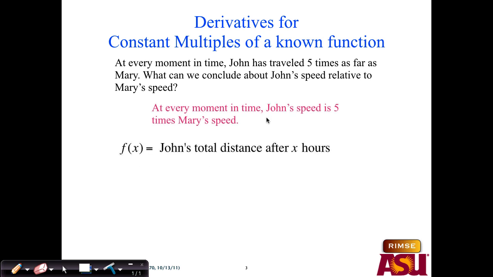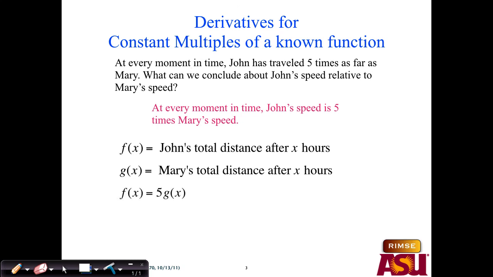So what that means is if I have these two functions, I'll just call them f and g. F is John's distance traveled after x hours, and g of x is Mary's total distance traveled after x hours. And I know that his is always 5 times hers based on the description up here. So f is 5 times g for any value of x.